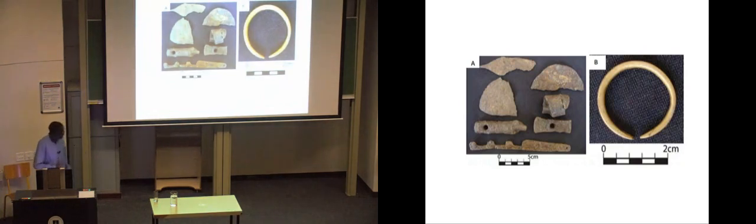Some more tools associated with metalworking. These I'm not so sure what they were used for, but this is a small bronze ring, again from Khami. Where did the tin, which was mixed with copper to produce bronze at Khami, come from?